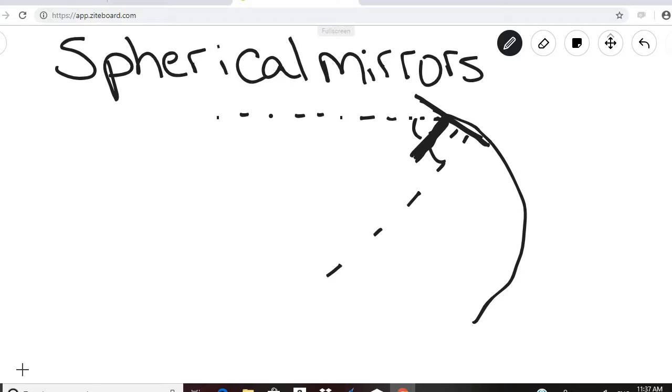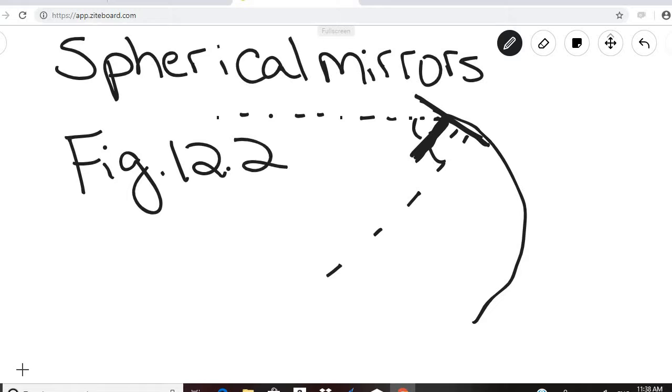Even though it may not look like that in my drawing, if you look at figure 12.2 in your book, you can see that the incoming beam of light and the reflected beam of light make the same angle relative to the line that is perpendicular to the tangent, so the angle of incidence is equal to the angle of reflection.